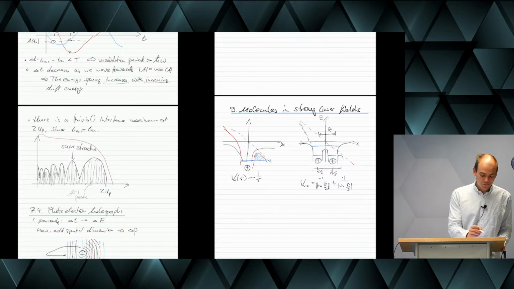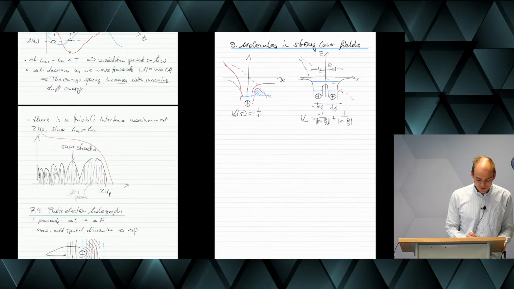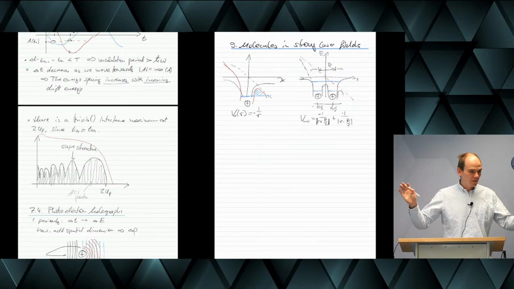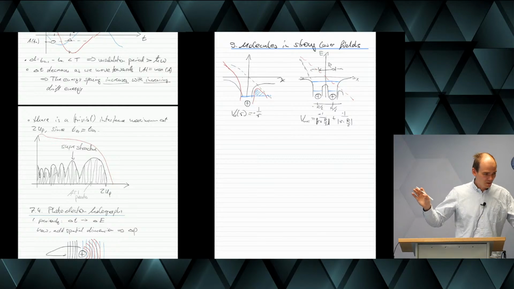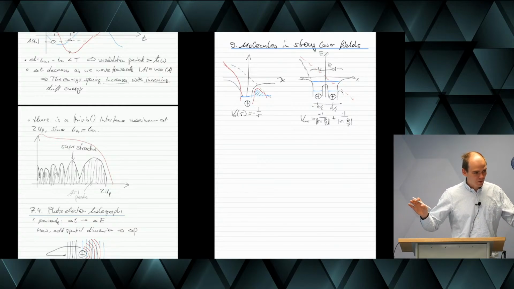And now, when we stretch the molecule, so we increase R, what will happen is that the height of this barrier will increase. Because you move this one out, you move that one out, so this goes closer to the 0 level. And at infinite distance, there would just be separated atoms.